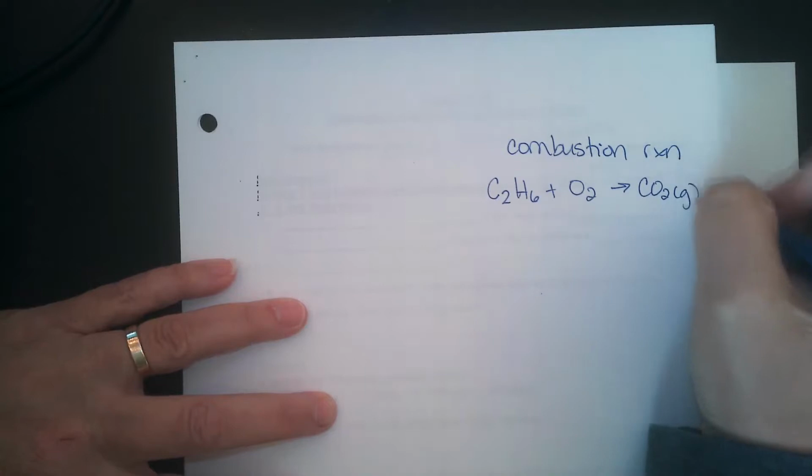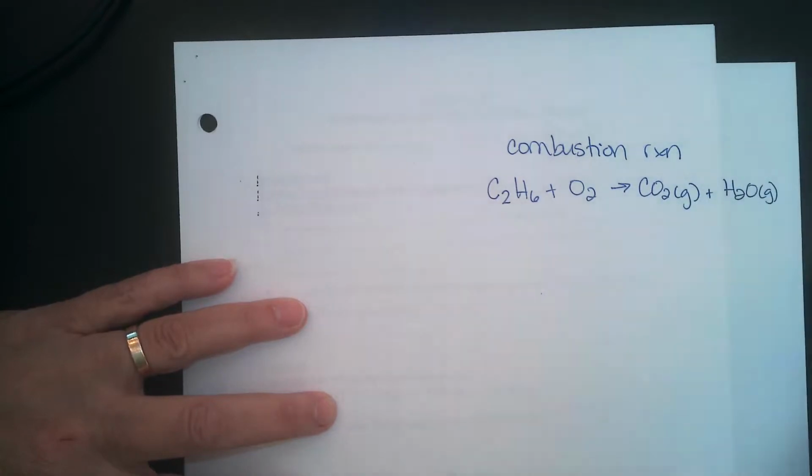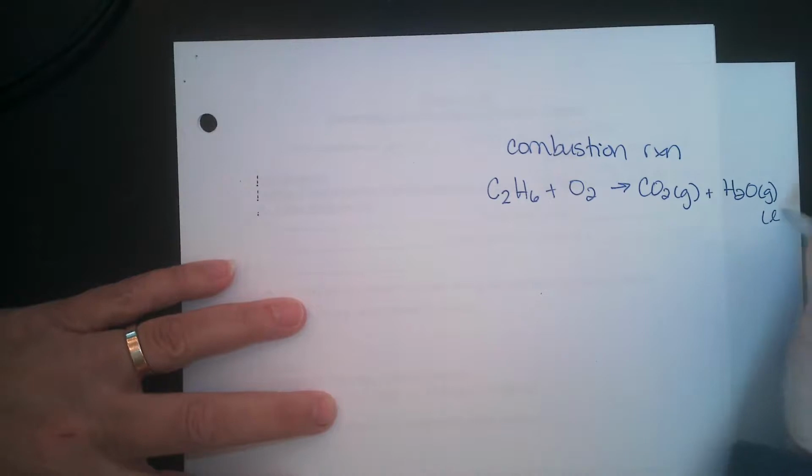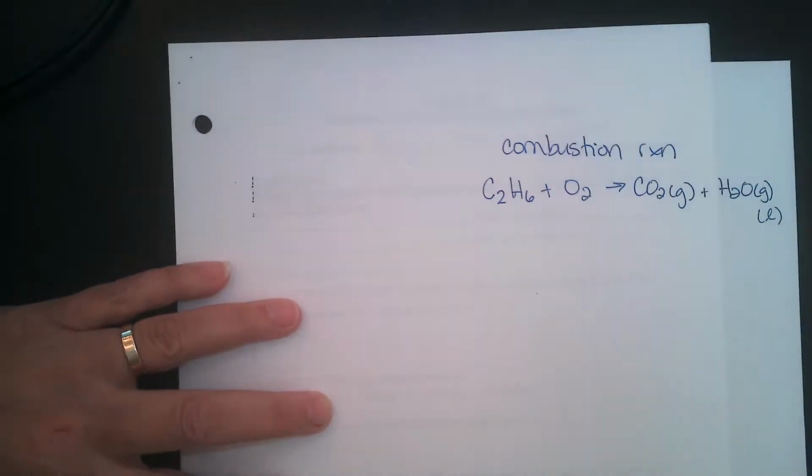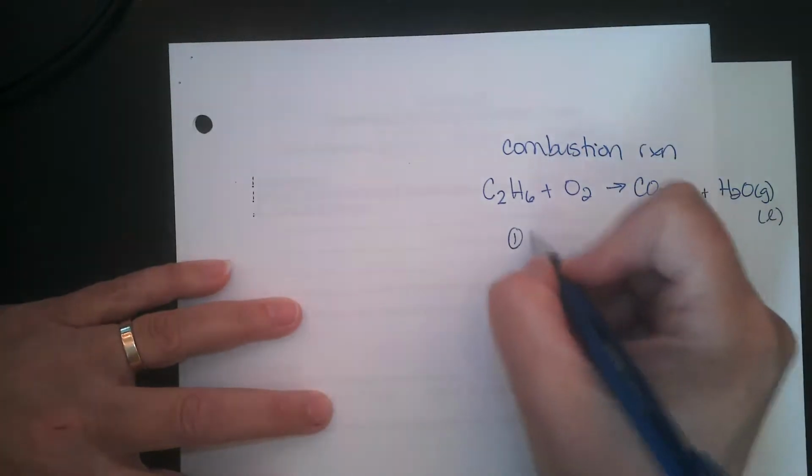C2H6 plus oxygen, we always get a product of carbon dioxide, and we always get a product of water, either as a vapor, which is a gas, or as a liquid, depending if it's an open or closed system. And so the first step when we're balancing a combustion reaction is you have to balance the carbons first.